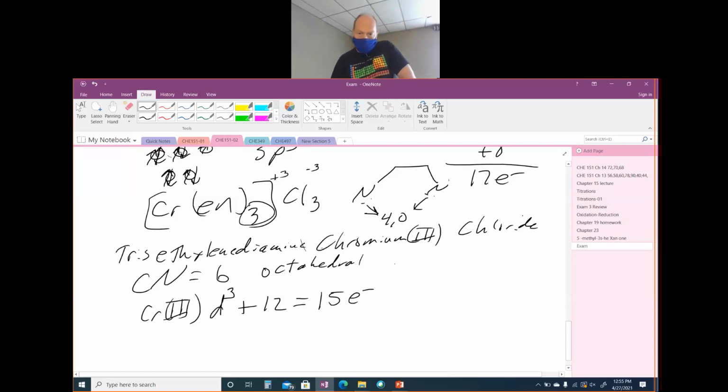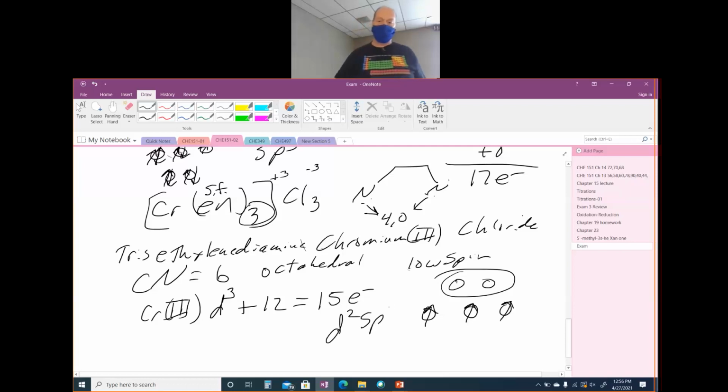All right, and so when you put in your en, these are strong field ligands. And so this is going to be low spin. So when you put in your D3, again, it wouldn't matter if it's high spin or low spin. If you only have 3 electrons, the first 3 go in the same. All right, and so now this one is empty, and so it's a d2sp3 for the hybridization of that octahedral.